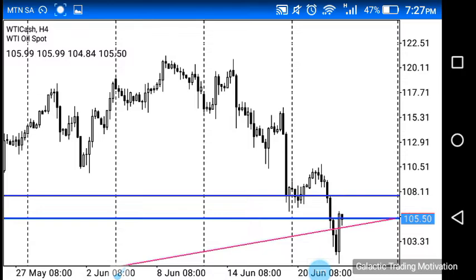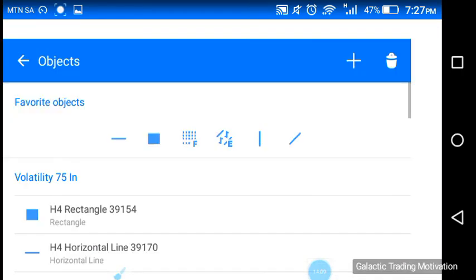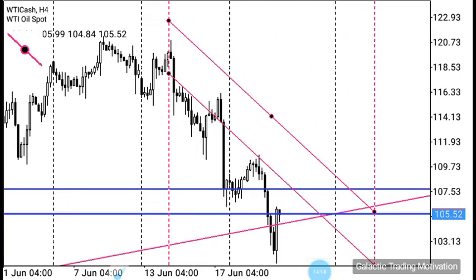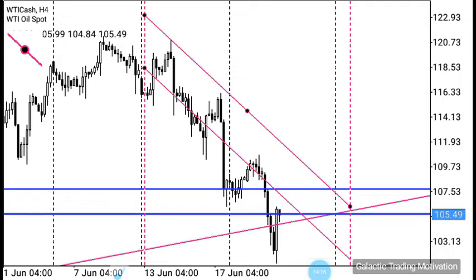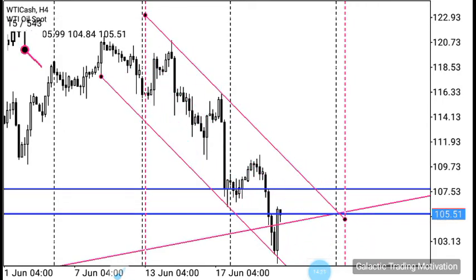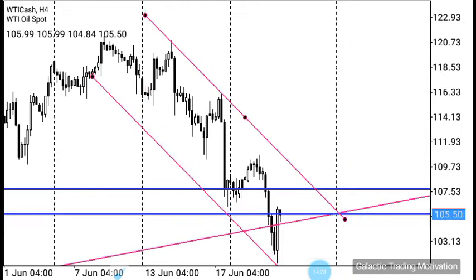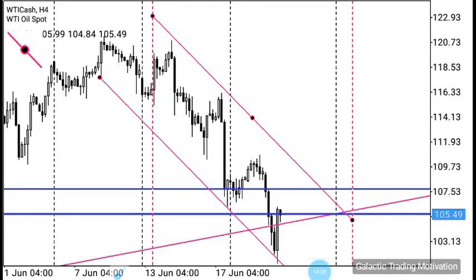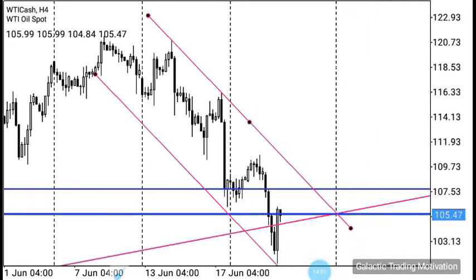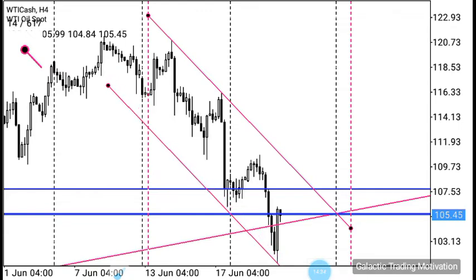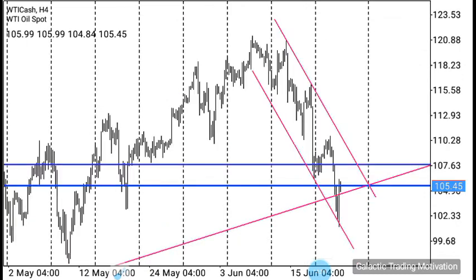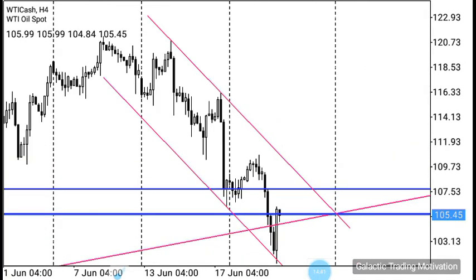Let's see, how would I add my H4 channel? That should be fine. There we go. So what do we see on this particular H4 chart?